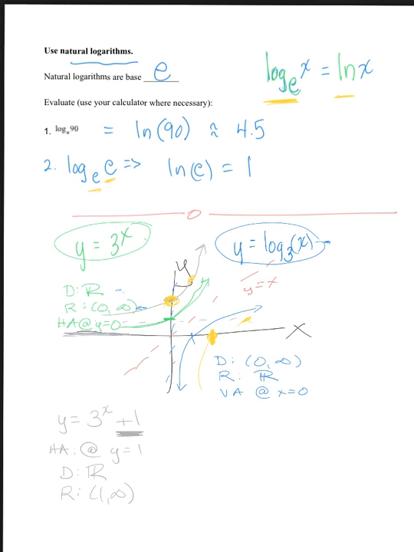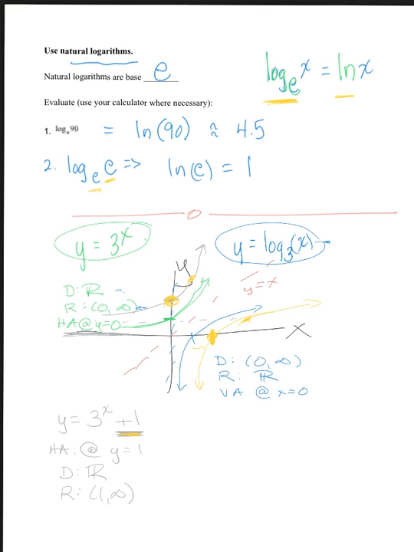So what has happened is, instead of a vertical shift up in the exponential function, it becomes a horizontal shift to the right in the logarithmic function. A vertical shift in the exponential function is reflected as a horizontal shift in the logarithmic function.